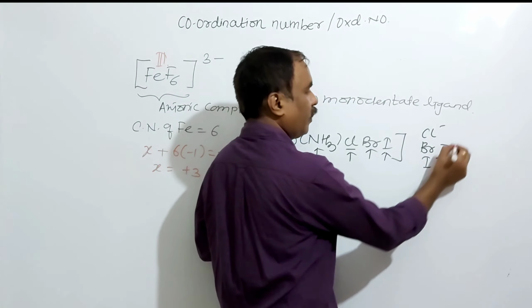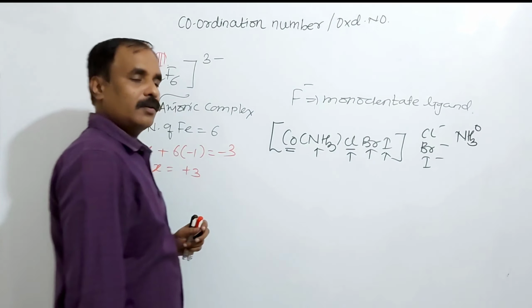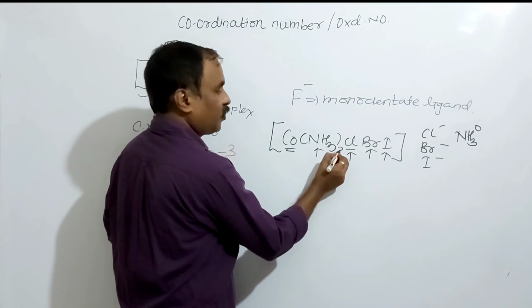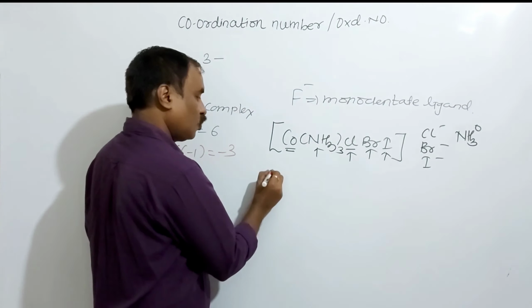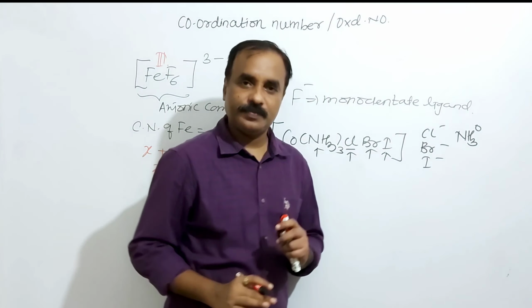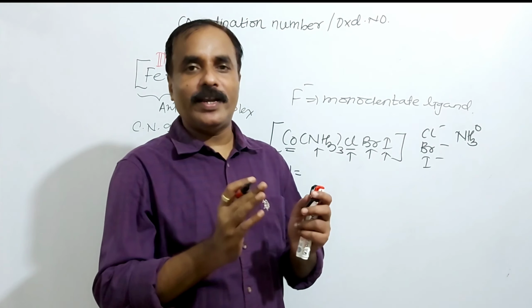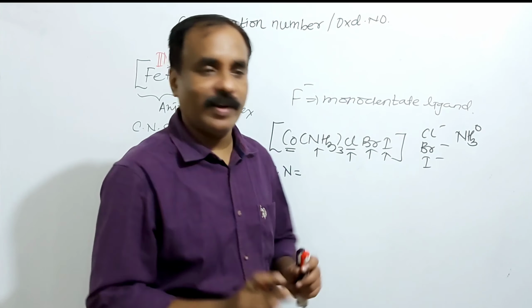Ammonia is a neutral ligand. There is no charge on this. Here 3. So all are monodentate ligands. And in the case of monodentate ligands, what is the coordination number? 1 into the number of ligands. How many ligands are there? 3, 4, 5, 6, and the coordination number is 6. What about the oxidation number? Consider the oxidation number of cobalt is X.